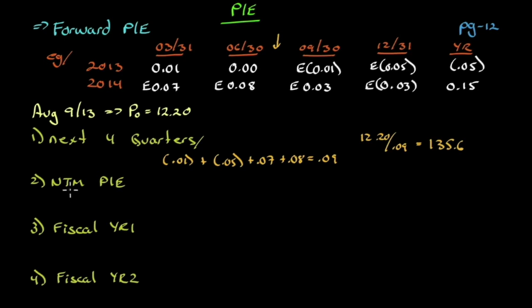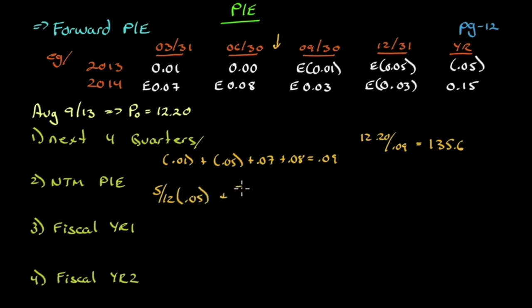If we're basing it on the next 12 months PE, we're going to go to the annual numbers, and we're at August 9th. That's close to the beginning of August, so we'll count 5 months to the end of the year. So we will have 5 over 12 times the annual number, which is 0.05 negative. I've got it in brackets there.